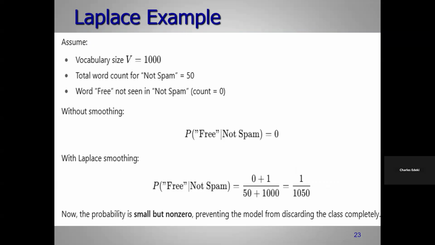So without smoothing, what happened? The probability of free given not spam, we didn't get anything there, so the answer will be 0. Now with Laplace smoothing, we add 1. The V value is 1,000. The total word count for non-spam is 50.